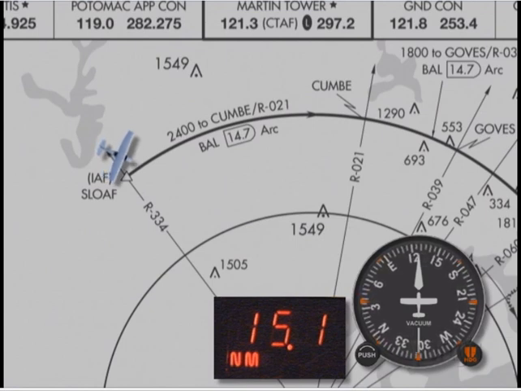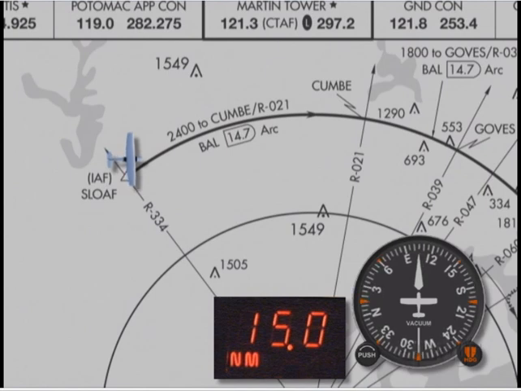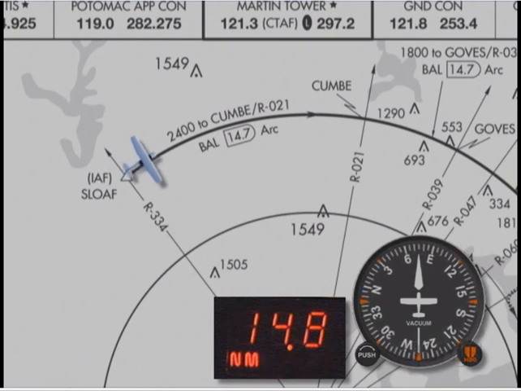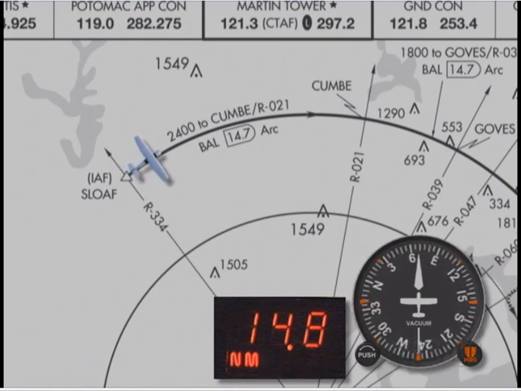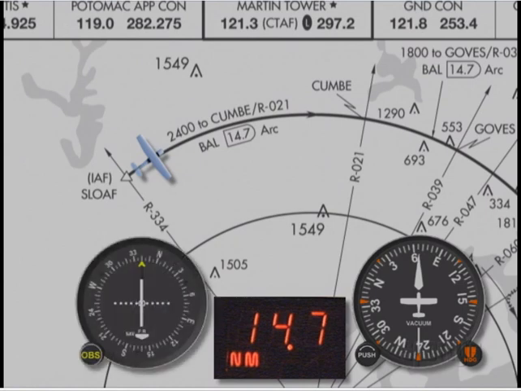When the DME indicates 15.2, make a left turn to the heading that is at the 90-degree left index on the heading indicator. Since the inbound heading was 155, the first heading is 65 degrees. Set the OBS to intercept the 10-degree radial closest to the inbound course, in this example, the 340-degree radial.